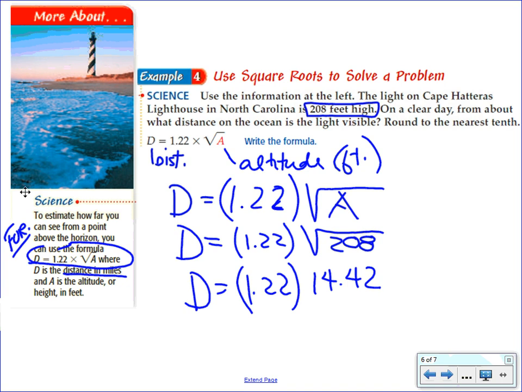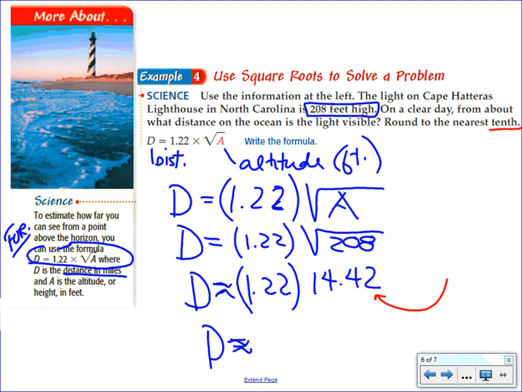Notice that it's asked me to round to the nearest tenth, but I have rounded my square root to the nearest hundredth. I need hundredths places so that when I get to my final answer, I can round to the tenth. I'll do that at the last step. So then I will multiply 14.42, which is the square root of 208, times 1.2.